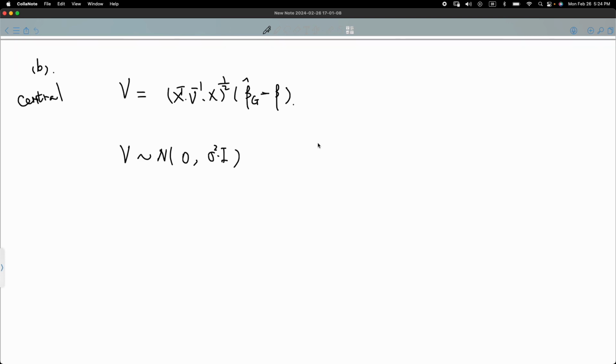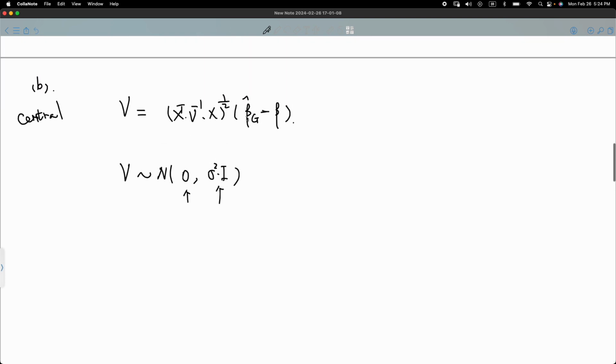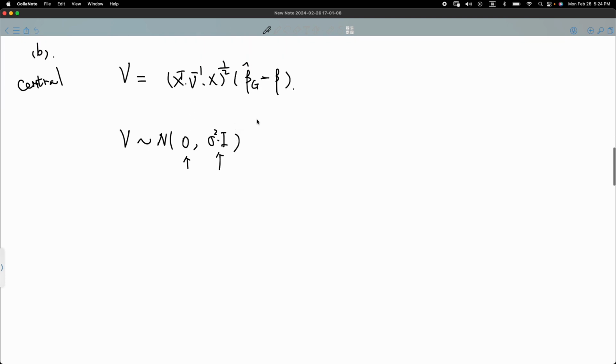So maybe I can elaborate a little bit regarding why, when you do this kind of transformation, you will end up with a 0 mean vector and the identity, usually people call this isotropic, but just sigma square multiplied by identity.